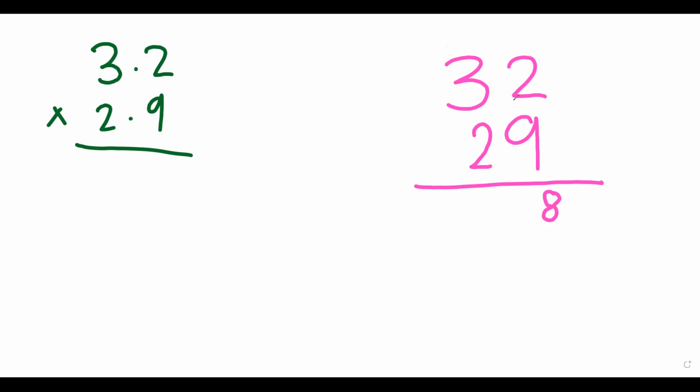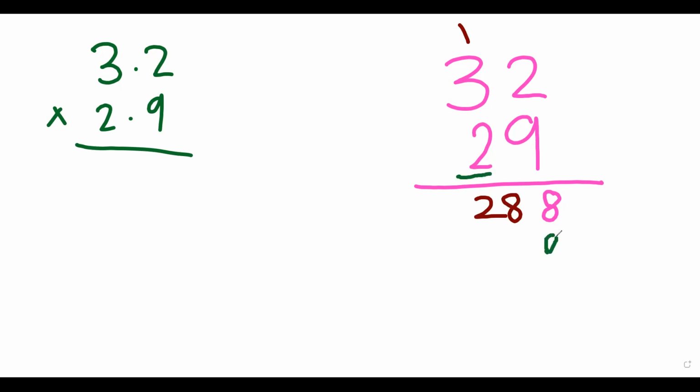Now, 2 times 9, 18. Then 9 times 3. Yes, Hanin, continue. 9 times 3. Miss, multiply. 9 times 3. Plus 1, 28. Then you're going to multiply the tens now.